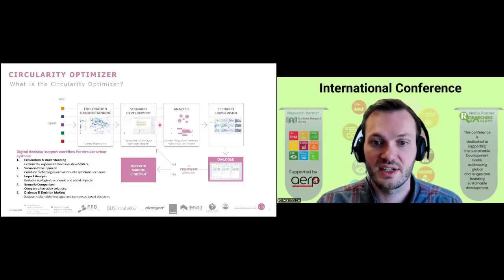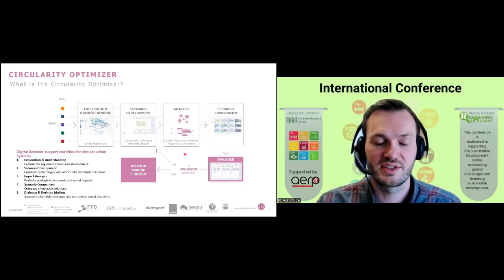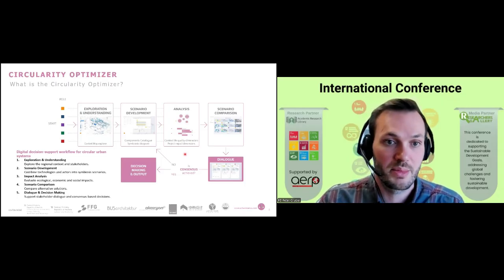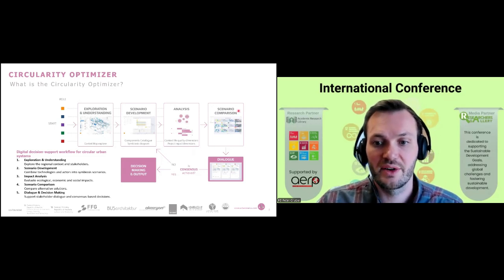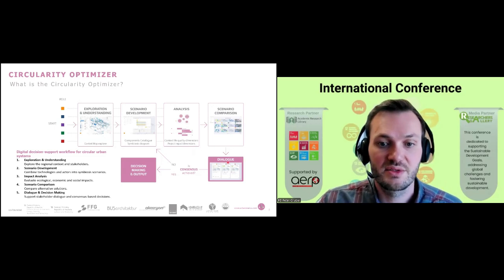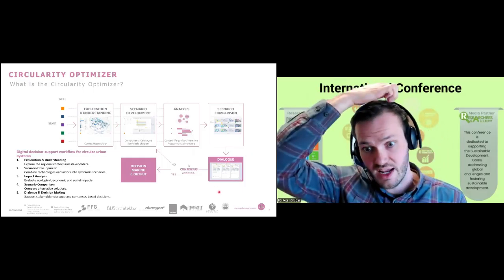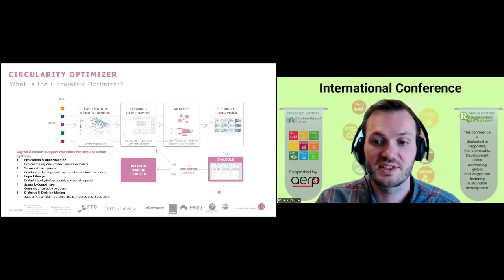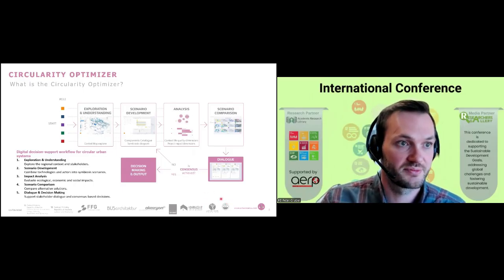These scenarios are then analyzed across multiple dimensions, like the ecological, social, or economic impacts. The tool allows users to compare different scenarios and discuss the results with other stakeholders. Through this process, the Circularity Optimizer supports a transparent dialogue and consensus-based decision-making for regional development processes.